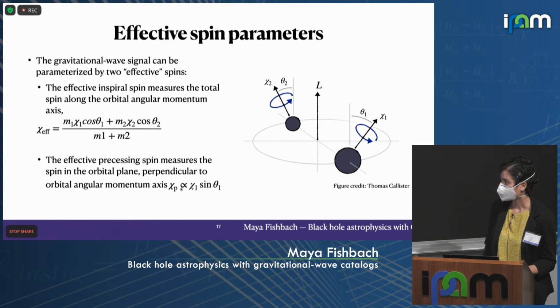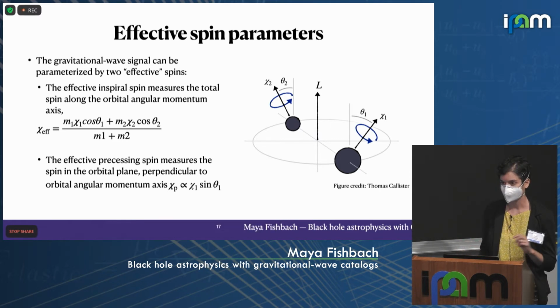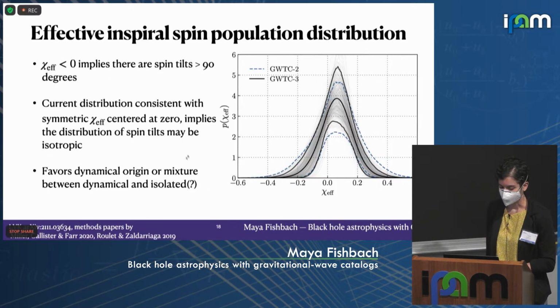I won't really talk about this, but we heard yesterday that Lucy has done a lot of work on this. So if you're interested in precessing spins, you should check out Lucy's poster, perhaps. Okay, so I'll be talking a bit about the effective inspiral spin.